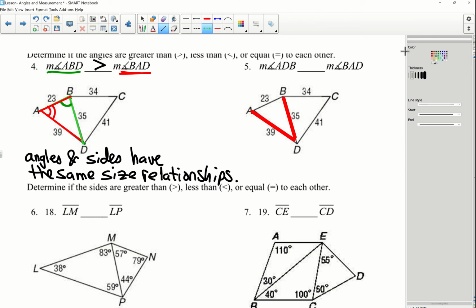All right, and then I'll just do this one real quick. All right, so that's my ADB.